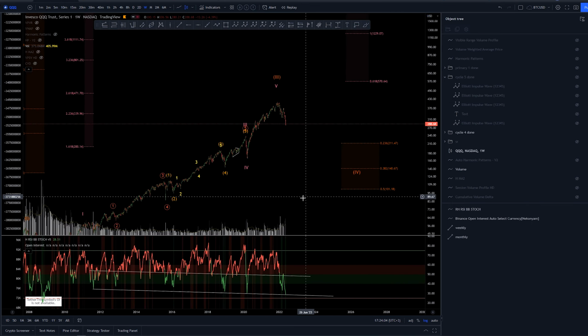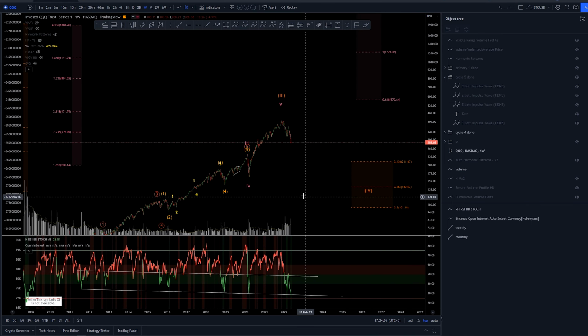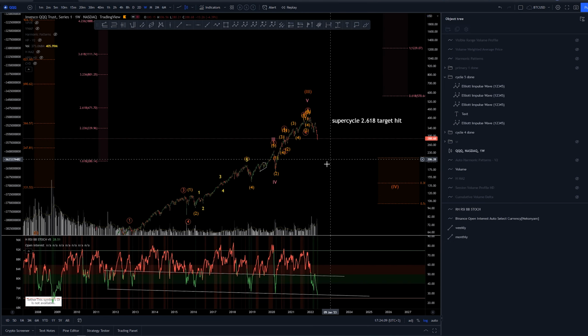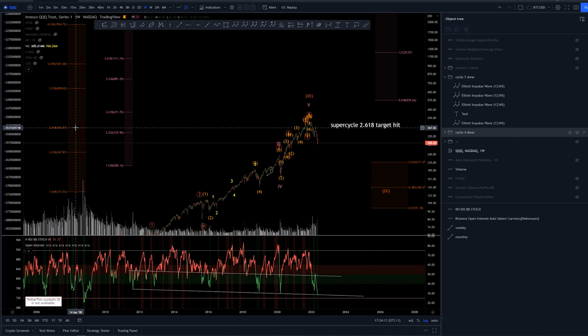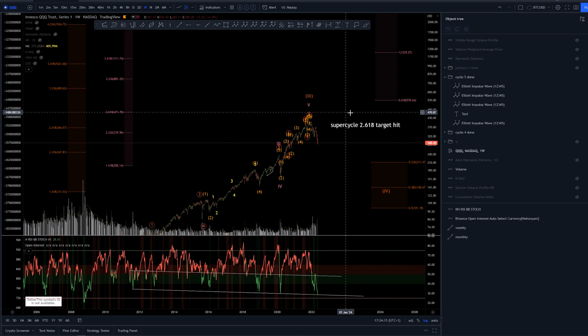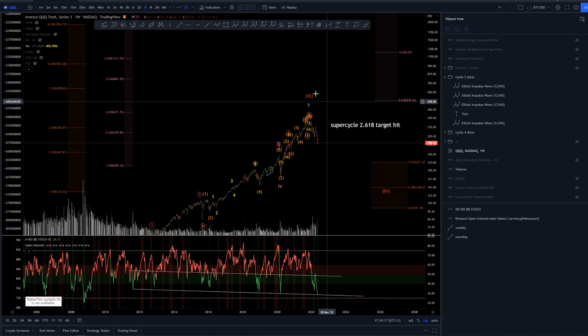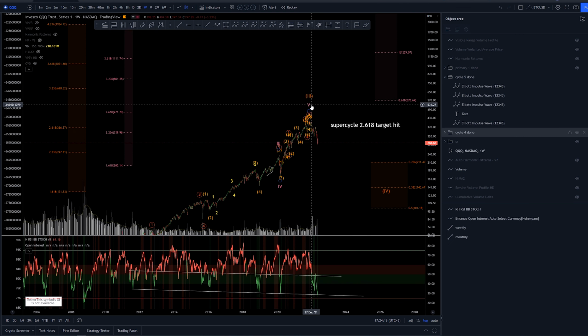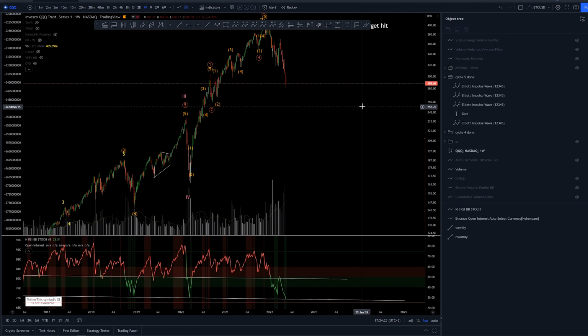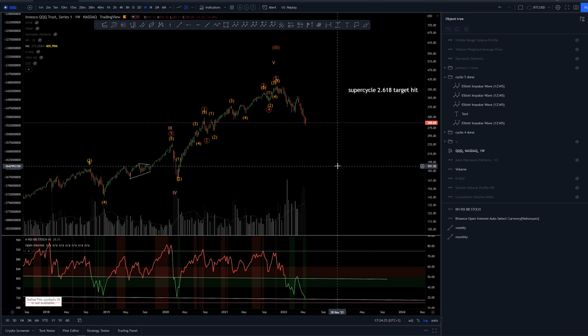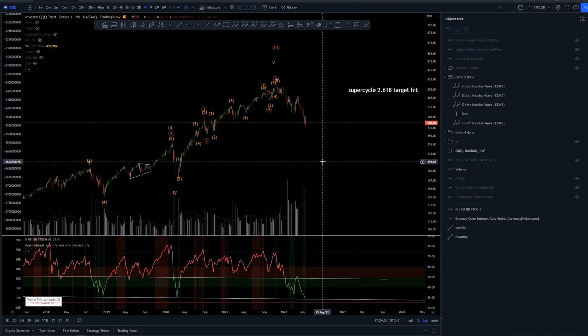So let's take a look at this a bit closer. So saying that wave 5 is done here, again we did hit 2.618 but nothing else. The target for wave 5 of the cycle did not hit, so that is something that is a bit weird and not something that we are actually expecting.